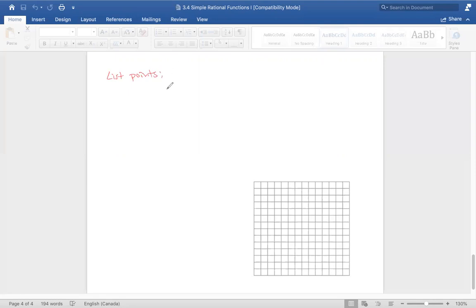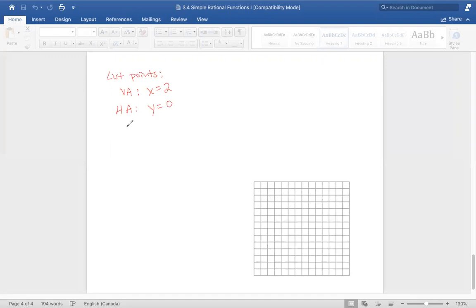So I was going to do x and y intercepts, but sure, we can do the vertical asymptotes. And so I have a vertical asymptote at x equals 2. I have a horizontal asymptote, remember, at y equals 0 on the first page.